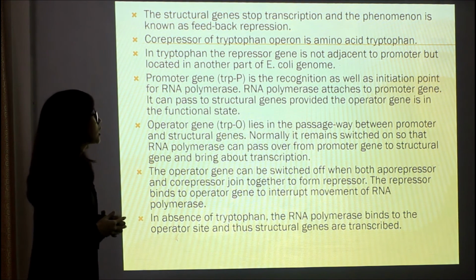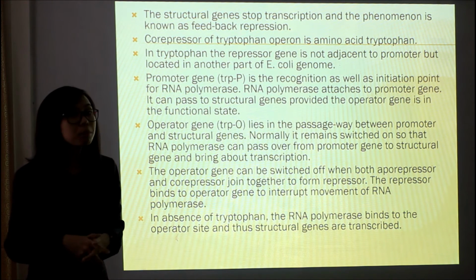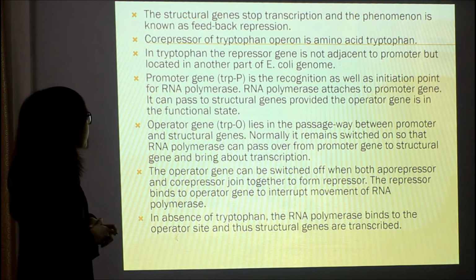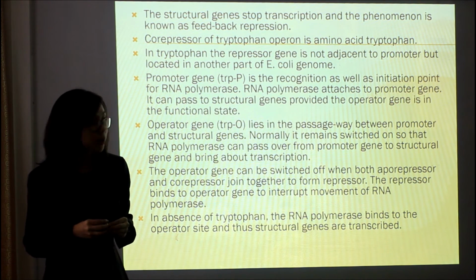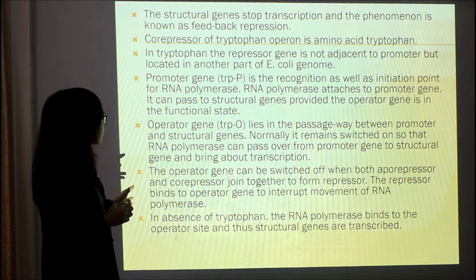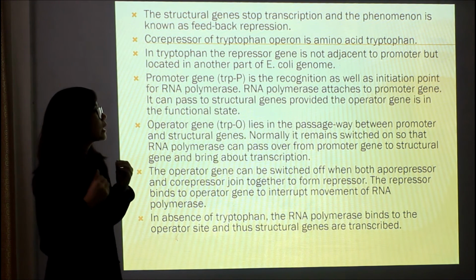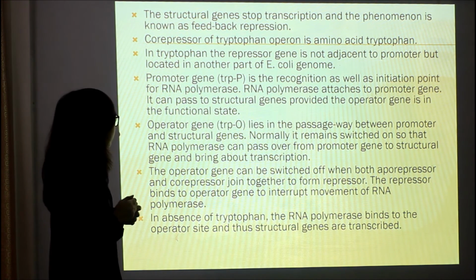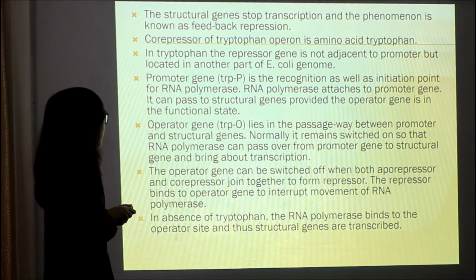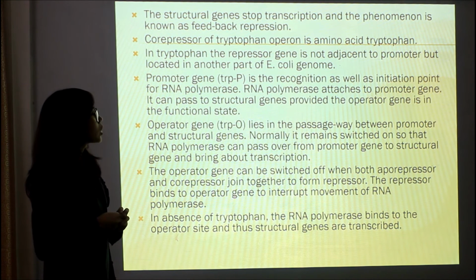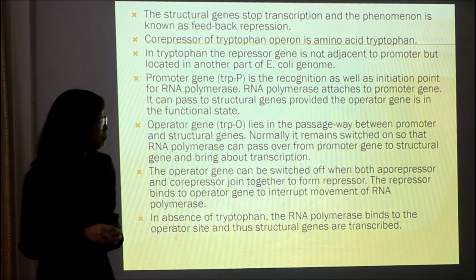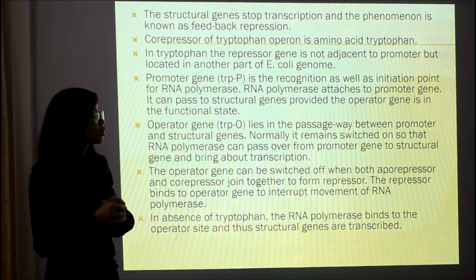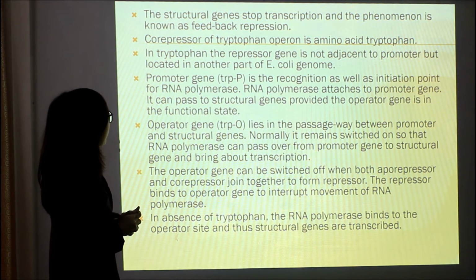The operator gene can be switched off when both aporepressor and co-repressor join together to form a repressor. The repressor binds to the operator gene to interrupt movement of RNA polymerase. In the absence of tryptophan, the RNA polymerase passes the operator site, and thus structural genes are transcribed.